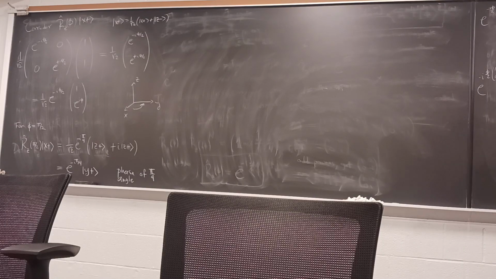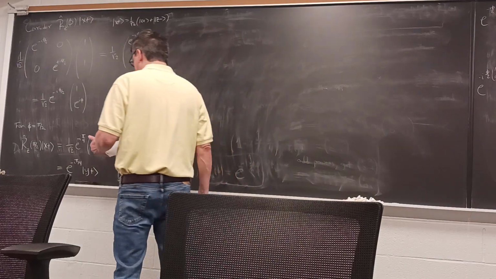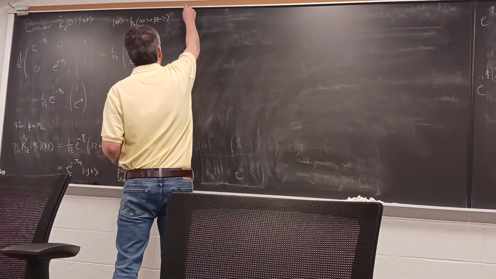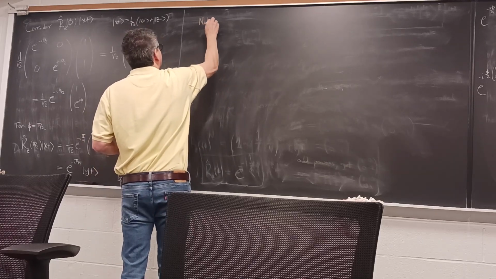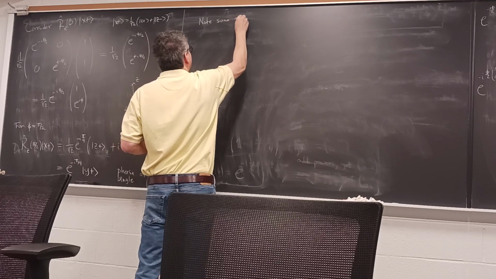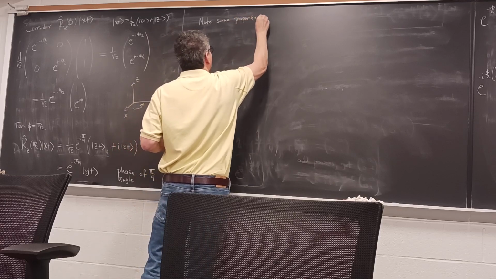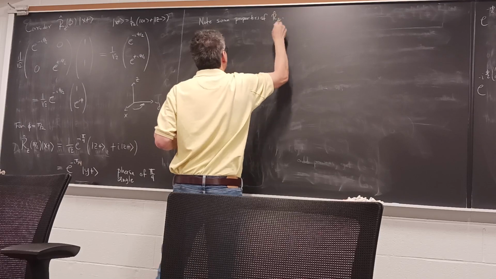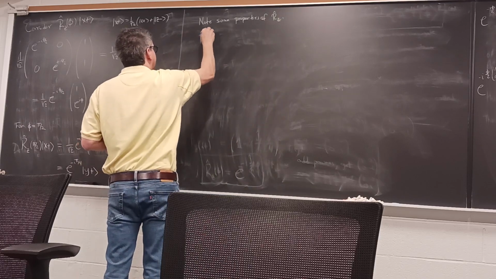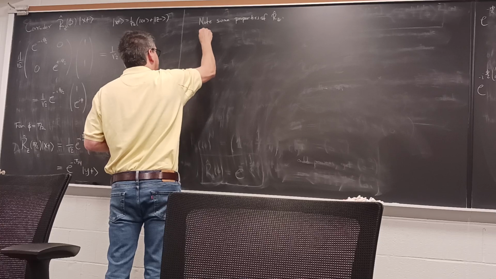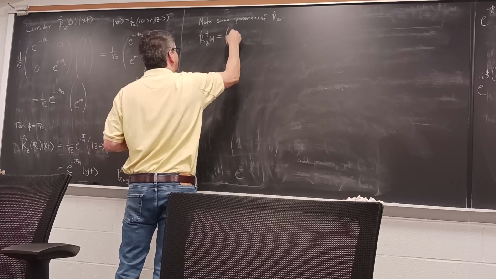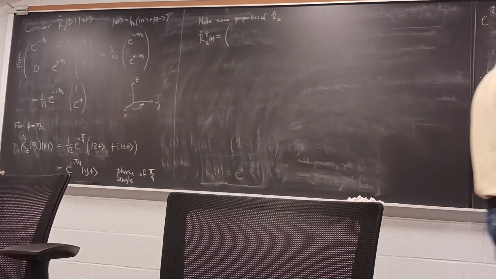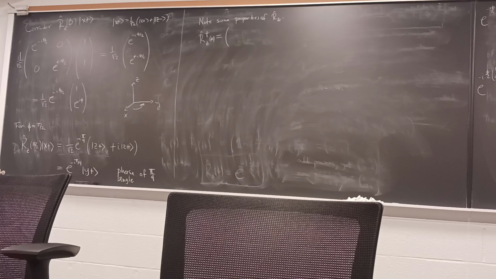All right, so let's look now at some properties of R sub z. So if I take R sub z hat dagger, that is of some angle phi, if I take this matrix and I take the transpose, it doesn't change it.